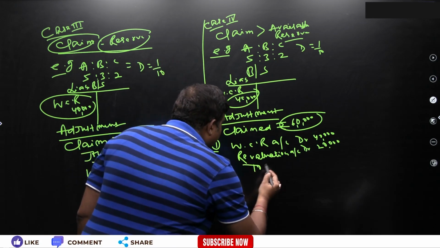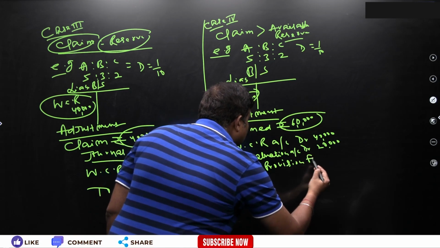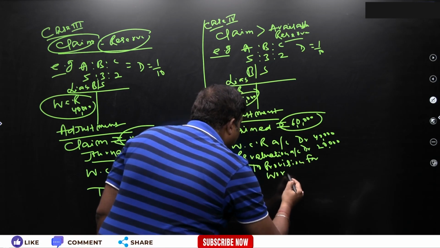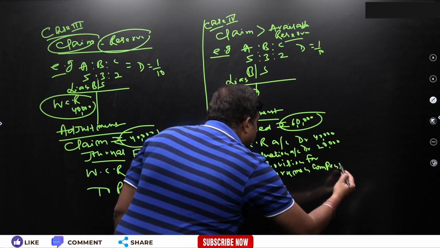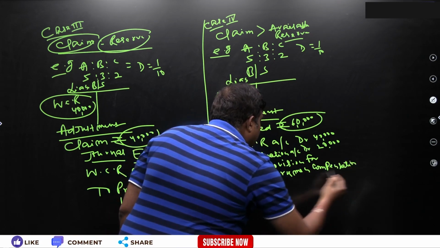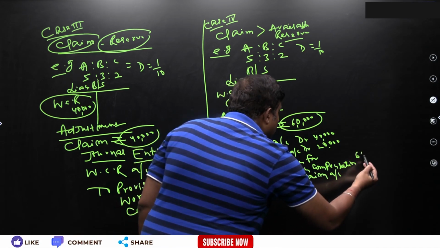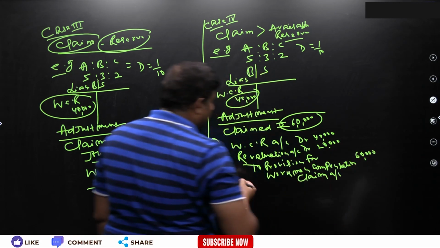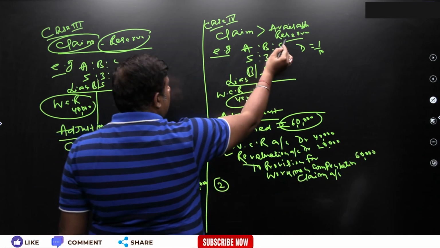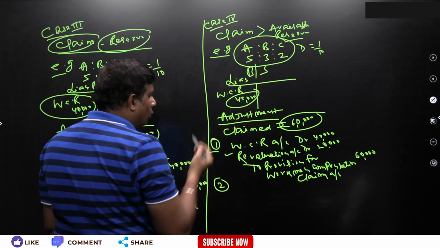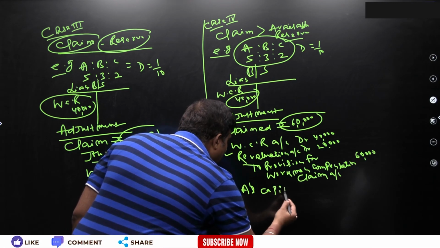To provision for workmen compensation account, that is 60,000. Now this revaluation loss is actually a loss, and that loss has to be borne by A, B and C, I mean the old partners. In which ratio? Definitely in the old profit and loss sharing ratio.